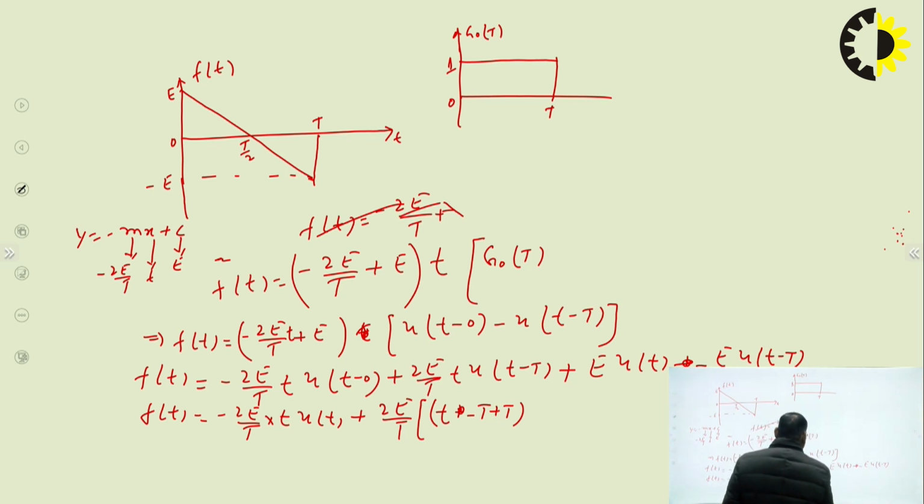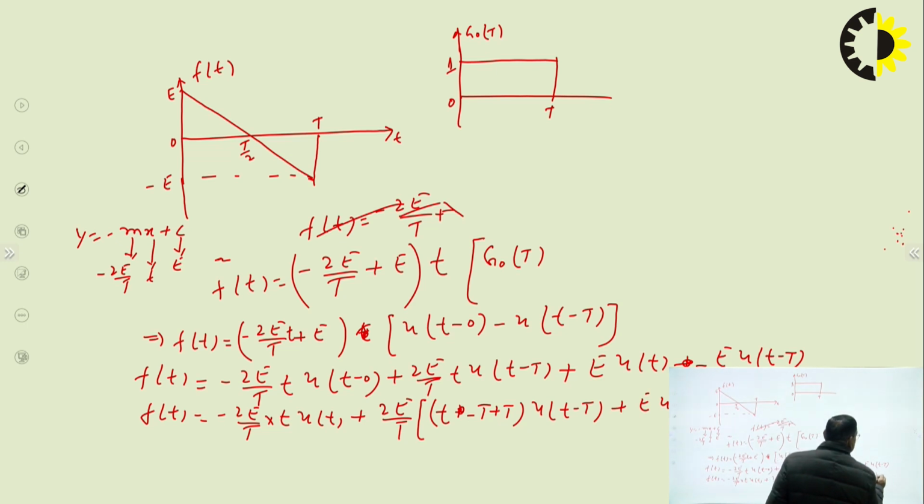So (t minus T plus T) u(t minus T), plus E u(t) minus E u(t minus T).